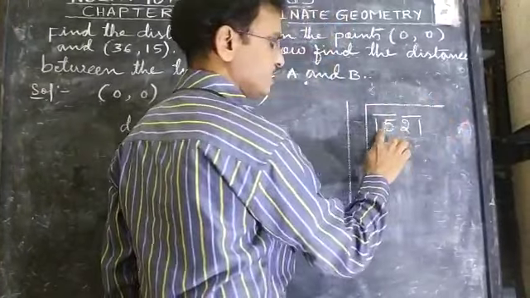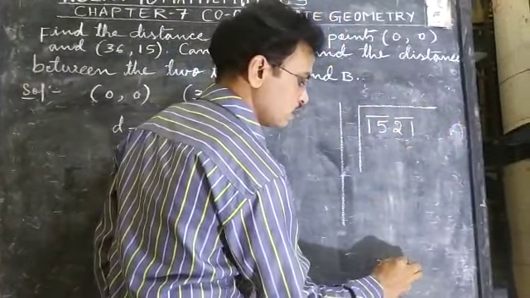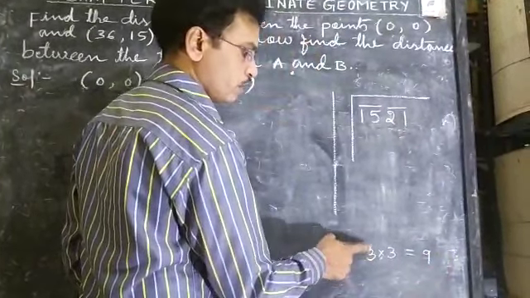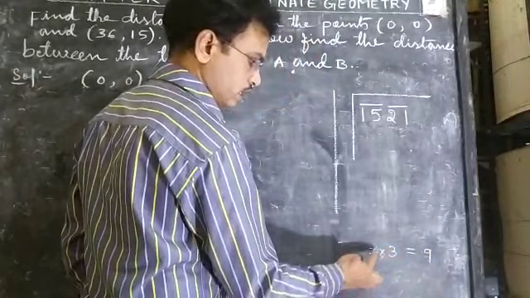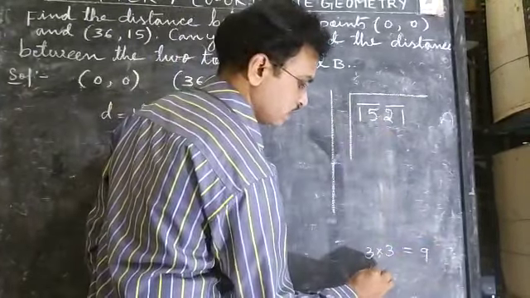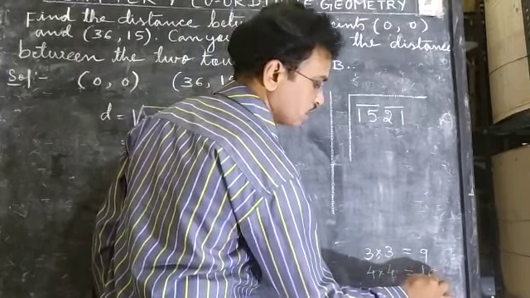Now here 15 is there. What should we take here? 3 3s are 9. Now I am taking 3 and multiplying with that same number. 3 3s are 9, but here 15 is there. Next we will say 4 4s are 16.